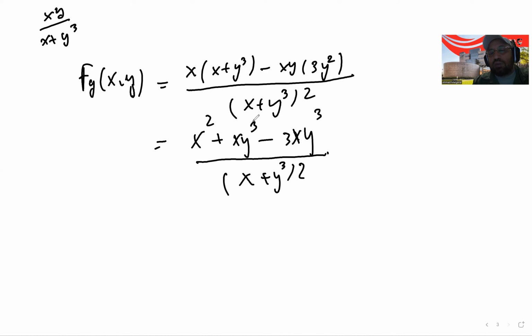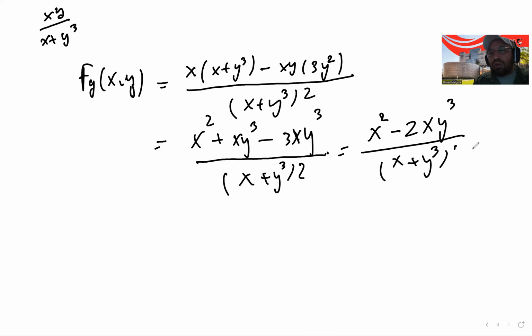So you can see xy to the power of 3, xy to the power of 3. So you're subtracting because this is plus xy cubed and that's minus 3xy cubed. And therefore you have x squared minus 2xy to the power of 3, divided by x plus y to the power of 3, squared.